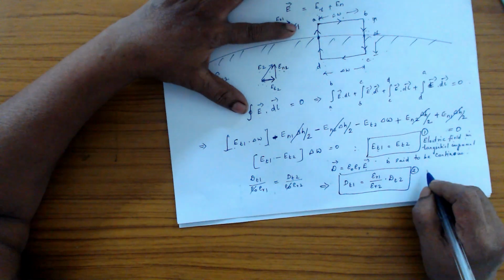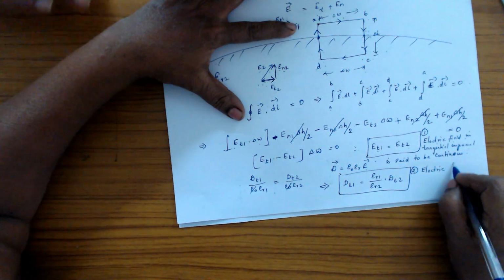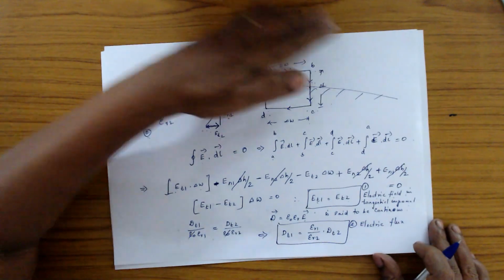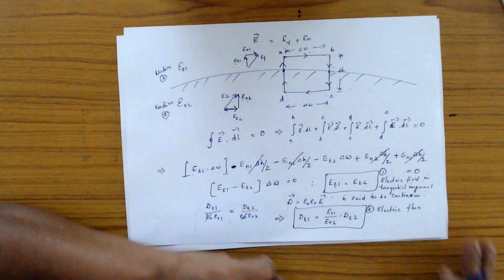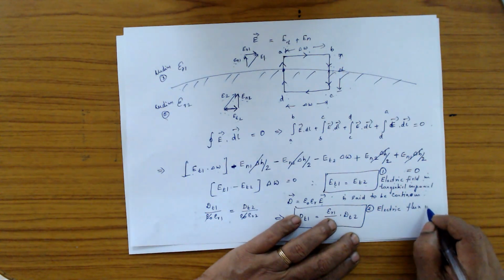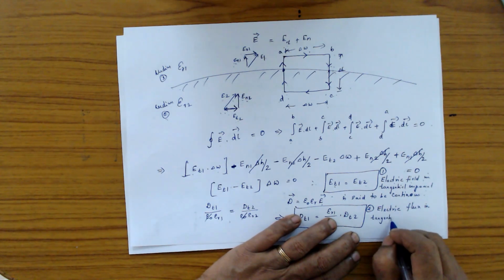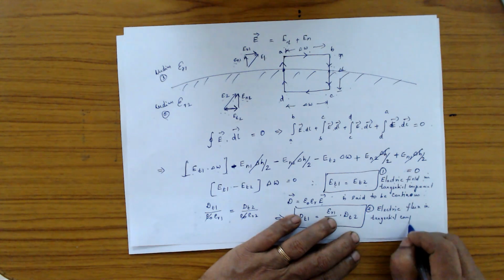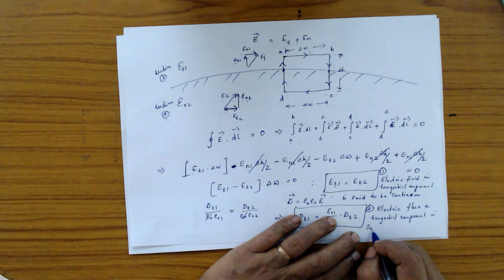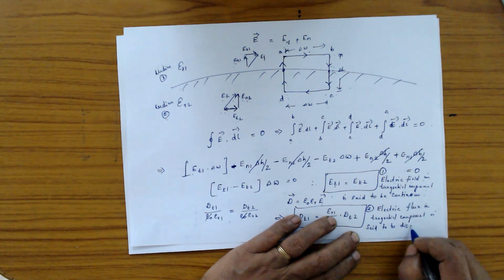So the tangential component of electric flux is said to be discontinuous.